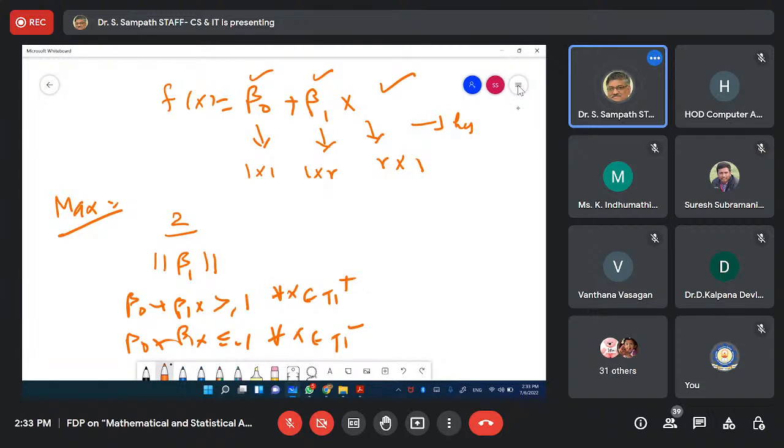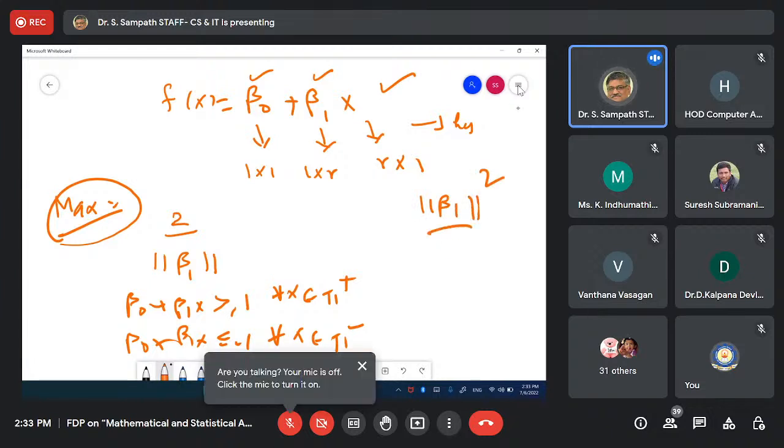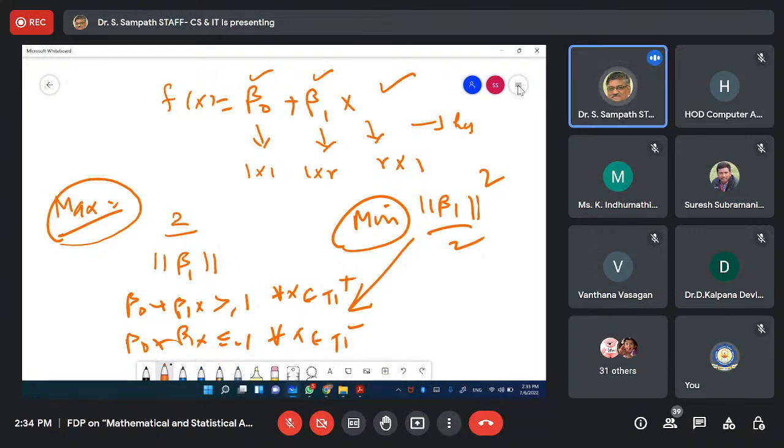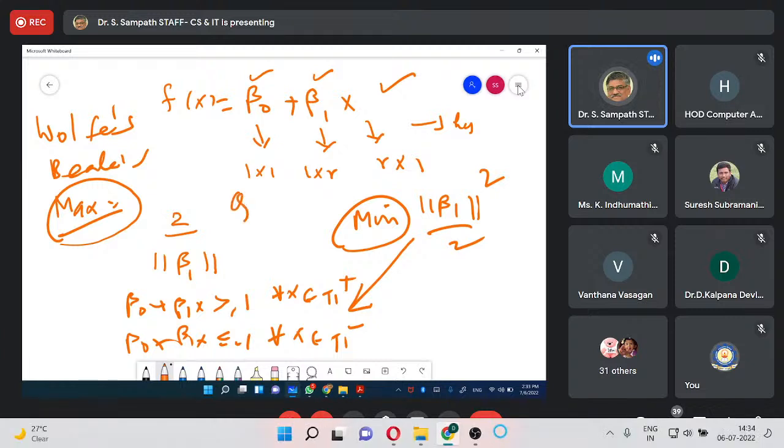Now you can convert this maximization problem into a minimization problem like this: norm beta 1 square divided by 2. So you get beta 1 by minimizing this subject to this condition. We have a lot of quadratic programming methods, like Wolfe's method, if you want, you can use.